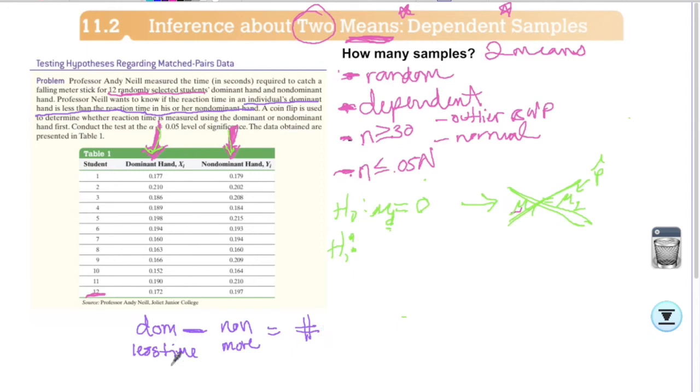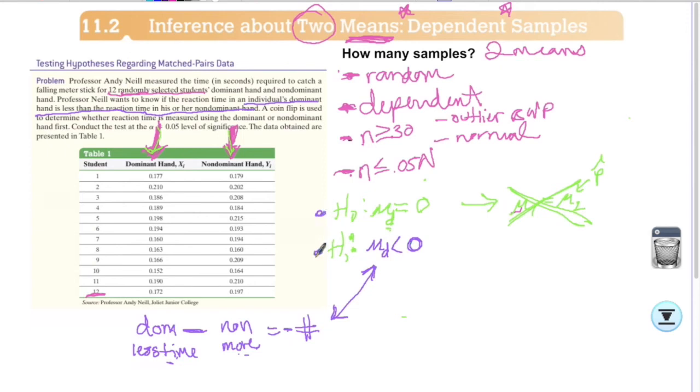Okay, so less time would be a smaller number, more time would be a larger number. A small number minus a large number means we're going to have a negative, right? So that means that our mean of our difference, okay, in relation to 0, if we want it to be a negative number, right, we're saying it has to be negative. We find those differences, and the dominant is going to be smaller and the non-dominant is going to have more time because it takes longer, okay? The difference is going to be negative. It's going to be less than 0.